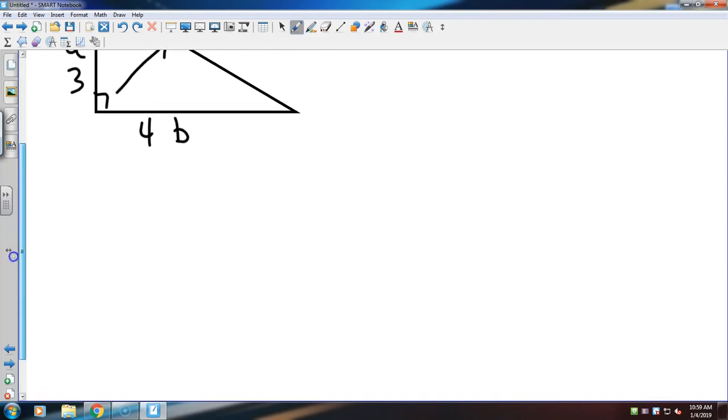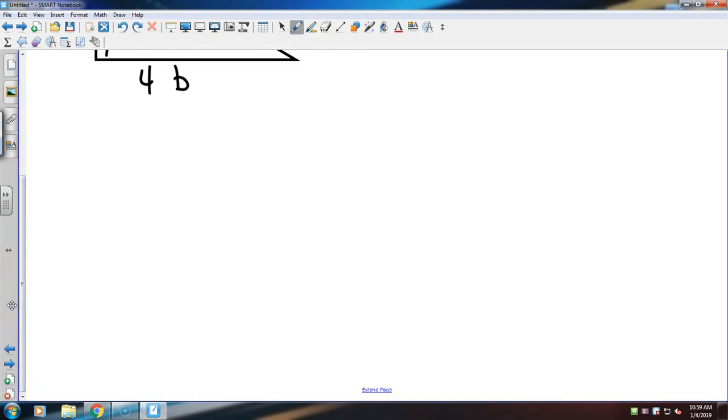Now, because it is the most popular, there are many times where it can save you a little bit of time if you recognize it's a 3, 4, 5 triangle. And we can also take the multiples. If we multiply this by 2, it would be a 6, 8, 10, and that's also always going to be a right triangle.